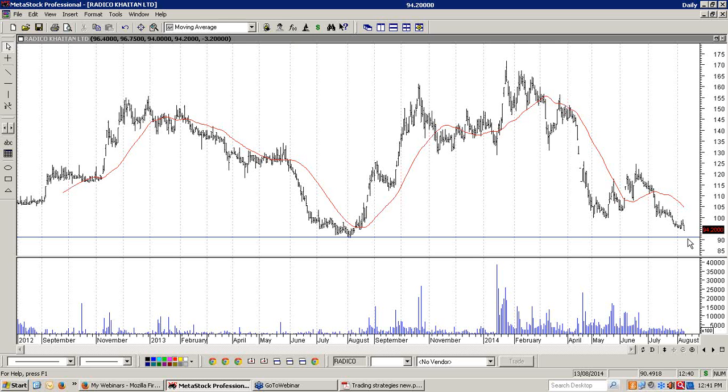And if the stock breaks below 90, if you are a trader, you should exit all your stocks unless it breaks above the 35-day moving average line. I hope I have answered your query. Let me take some other questions also.